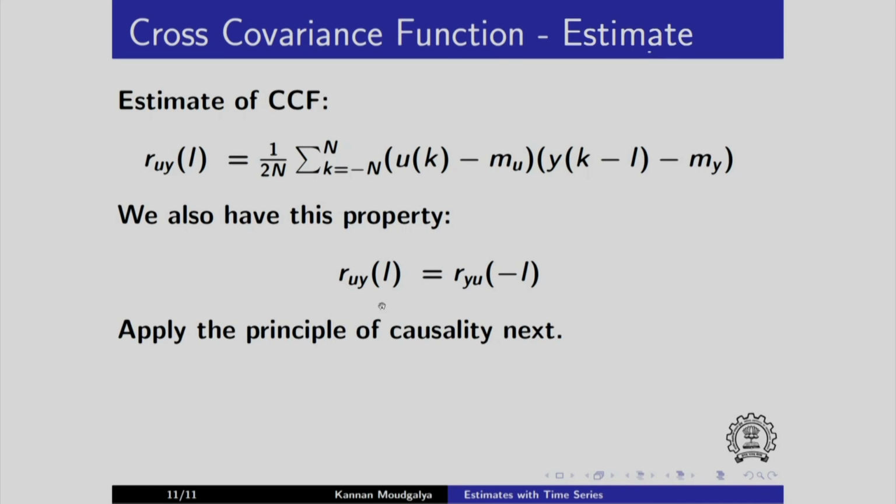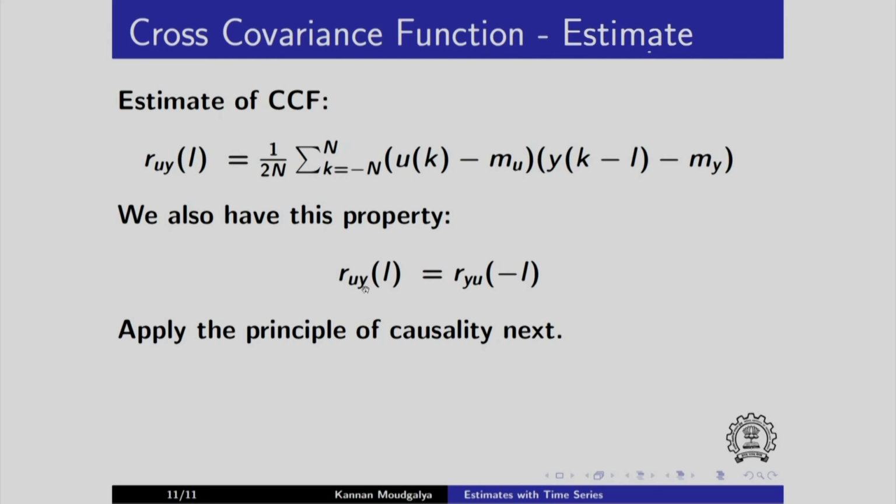Now remember what I told earlier, this second index should be a lower one provided this L is positive. Now if we take L to be positive, then what it means is the index of y is smaller. So as a result the index of u is larger.